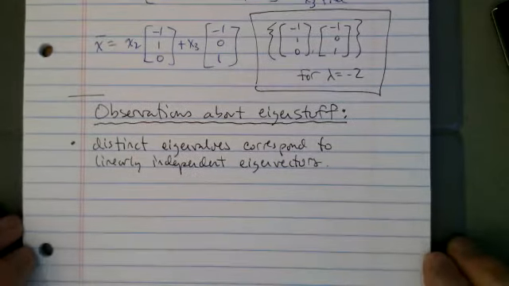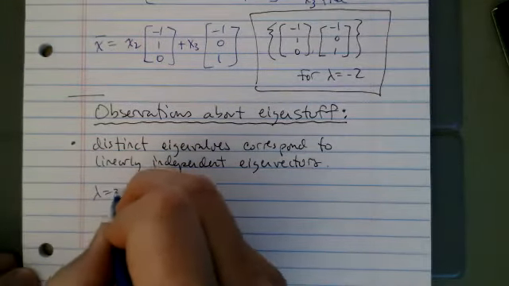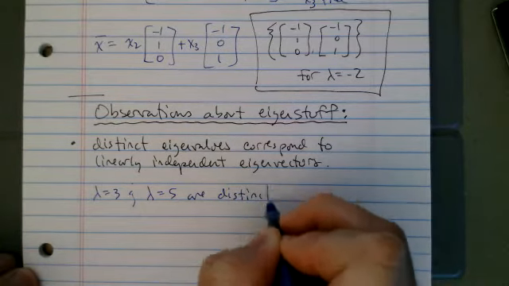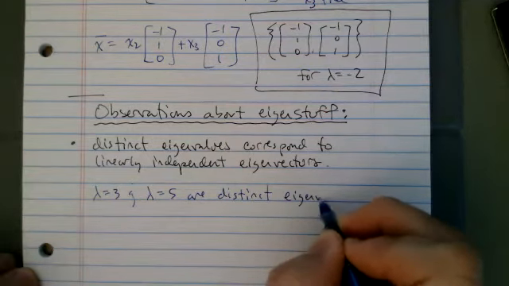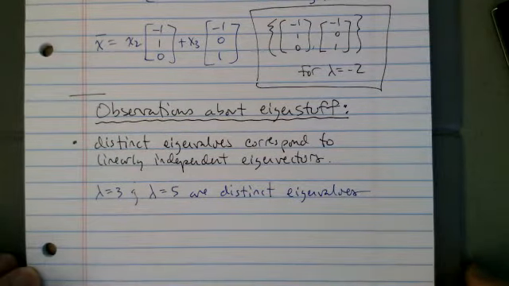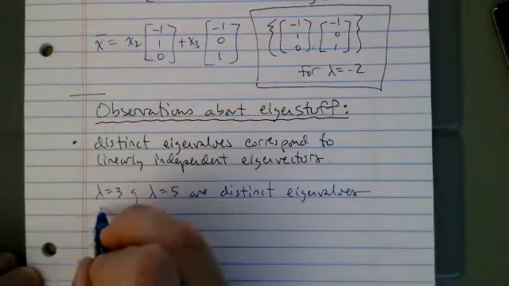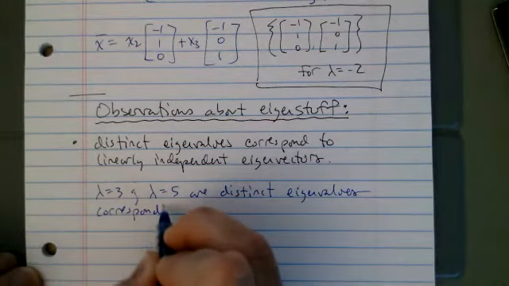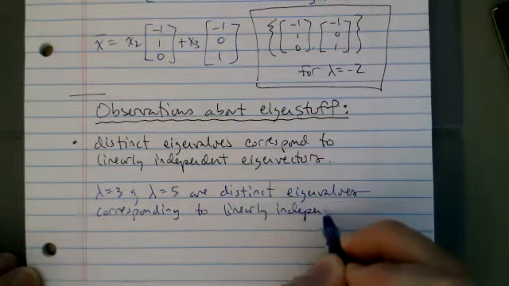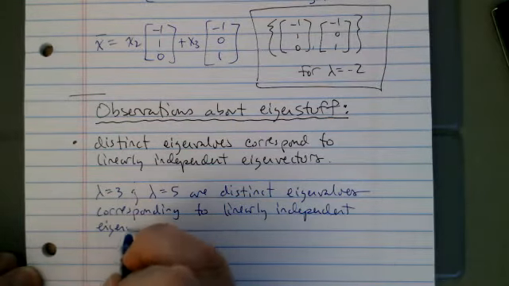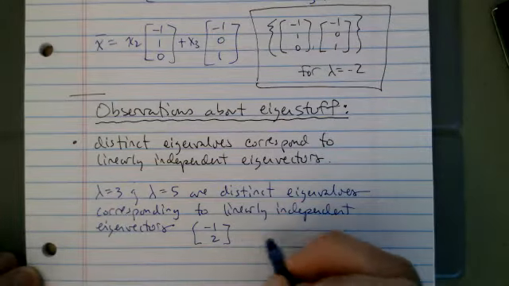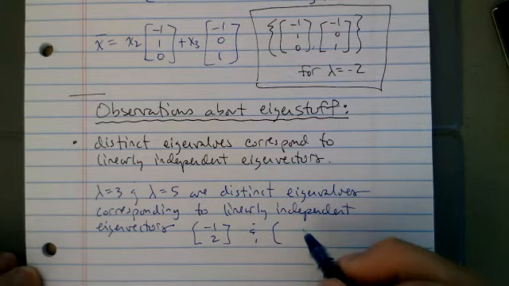So for example, lambda equals 3 and lambda equals 5 are distinct eigenvalues, and they correspond to linearly independent eigenvectors: -1, 2, and -1, 1.